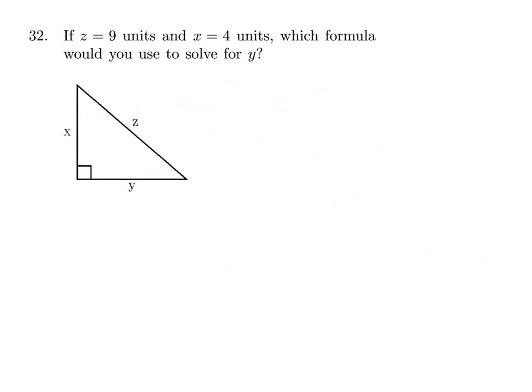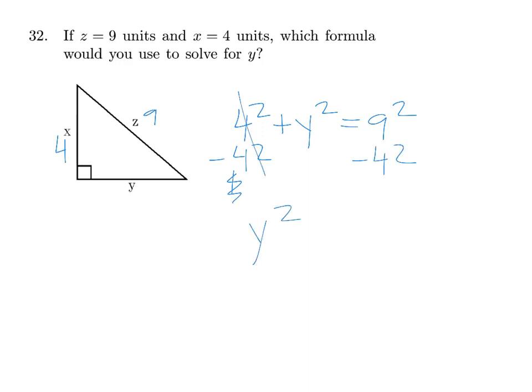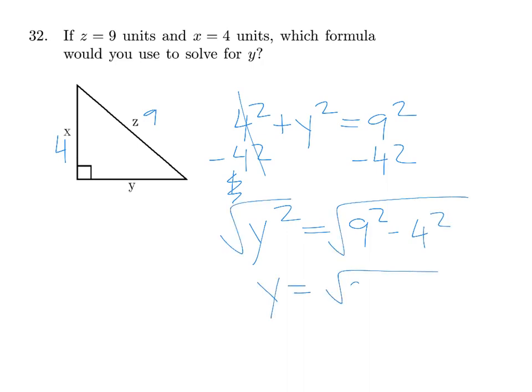All right, if C is 9 and X is 4, which formula would you use to solve for Y? You have 4 squared plus Y squared is equal to 9 squared. So we're going to subtract 4 squared. So Y squared is equal to 9 squared minus 4 squared. Square root both sides, and I have Y is equal to the square root of 9 squared minus 4 squared.